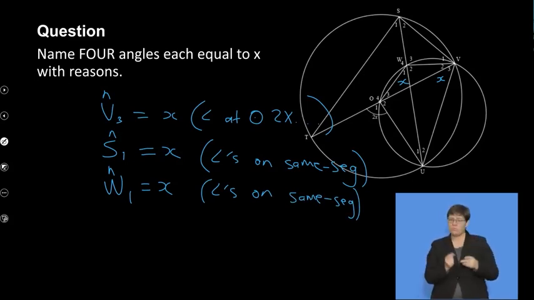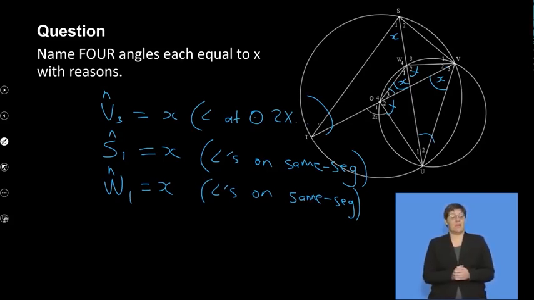So what do we know? We know that if I have V3 as x, W1 as x, S1 as x as well, then I must try and link all of these to the other shapes maybe, so that I can find this angle here. Since that is x, and that is x, and I know these are same segment as well, and this one and that one are also same segment, but they don't tell me anything about x.